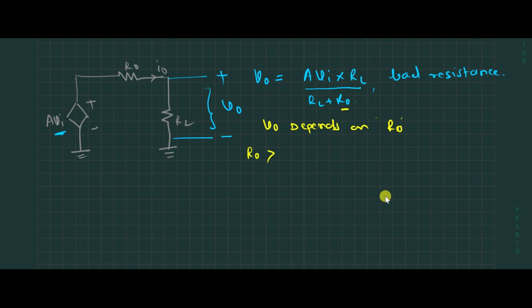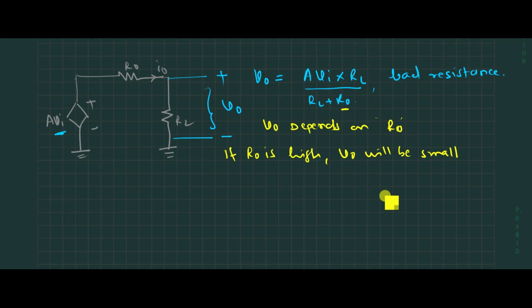V0 will be small, and this is going to affect the gain. So R0 should be small. What is the ideal value?